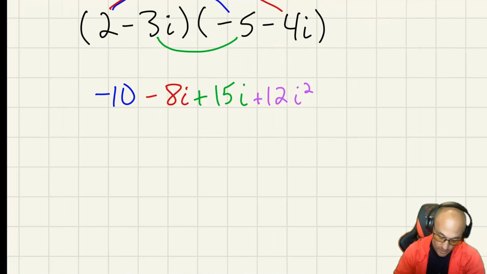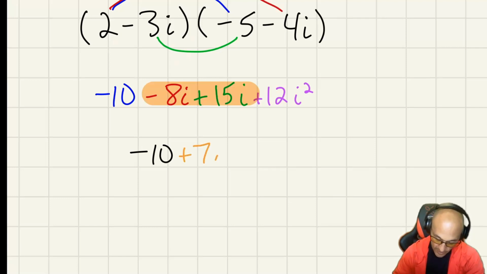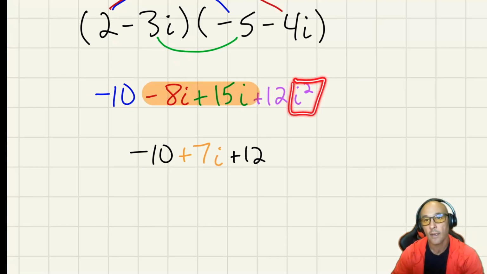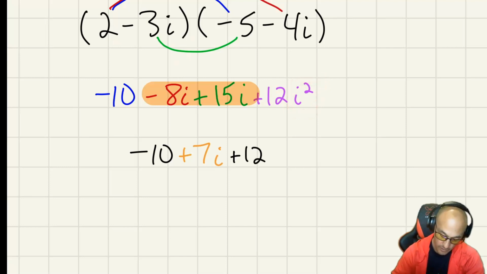So I'm going to combine my two terms right here in the middle, the negative 8i and the positive 15i. And I will get negative 10 plus 7i plus 12. And then this i squared is equal to negative 1.